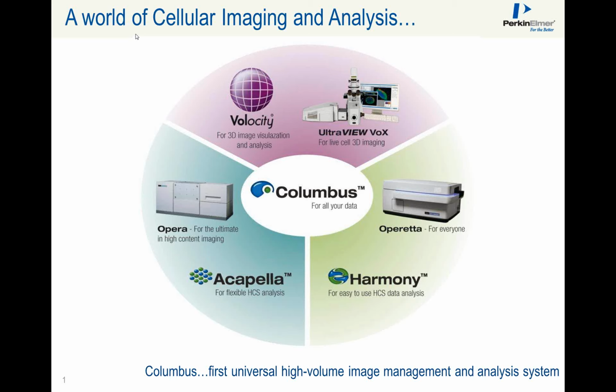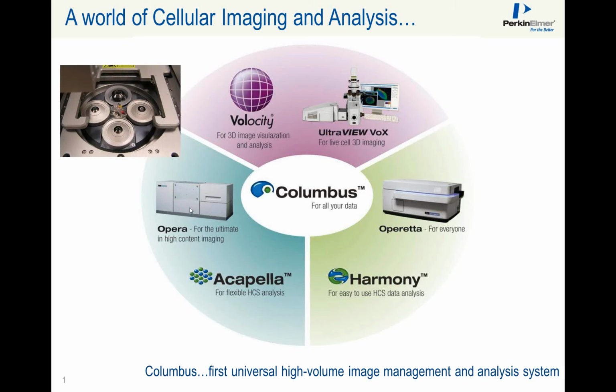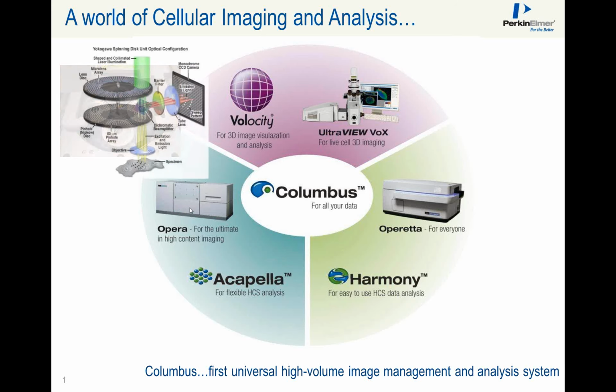PerkinElmer provides a variety of high content and imaging tools, as you can see on the screen right now. USAMRIID are currently using our Opera system. Our Opera system is the ultimate in high content imaging. The main benefits of the Opera are its high resolution from the water immersion objectives that we use, as well as the Yokogawa Nipkow spinning disk that we implemented.